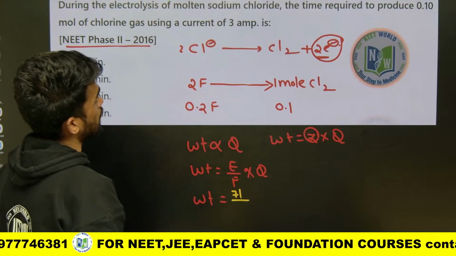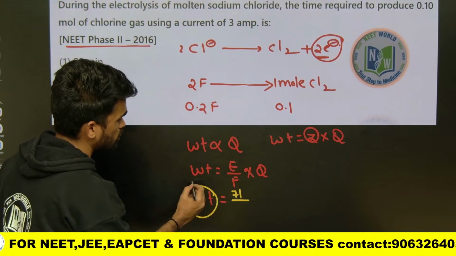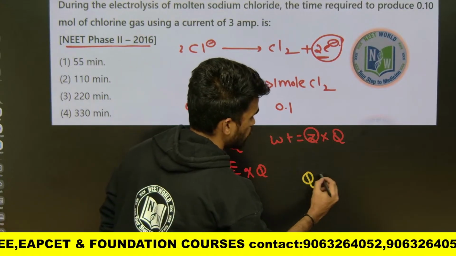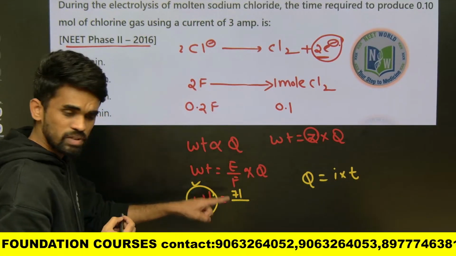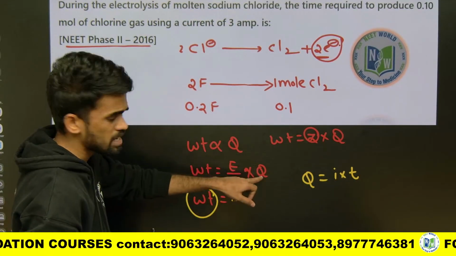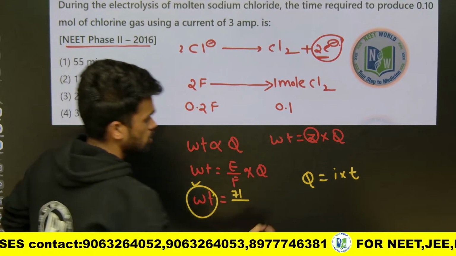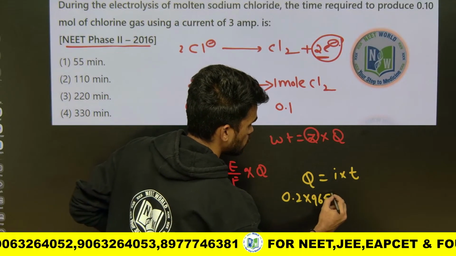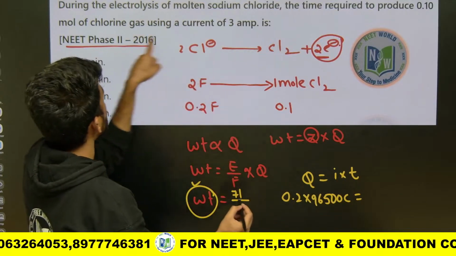But what they are asking is the time required now. So if they ask weight, we should do like this. They are asking about just the time required. So Q is what? The formula is I into T. Okay. If they ask weight, we need to do all these things. Just they are asking about Q now. So Q is this much: 0.2 into 96500 coulombs equals I into T. How much I they mentioned in the question? 3.